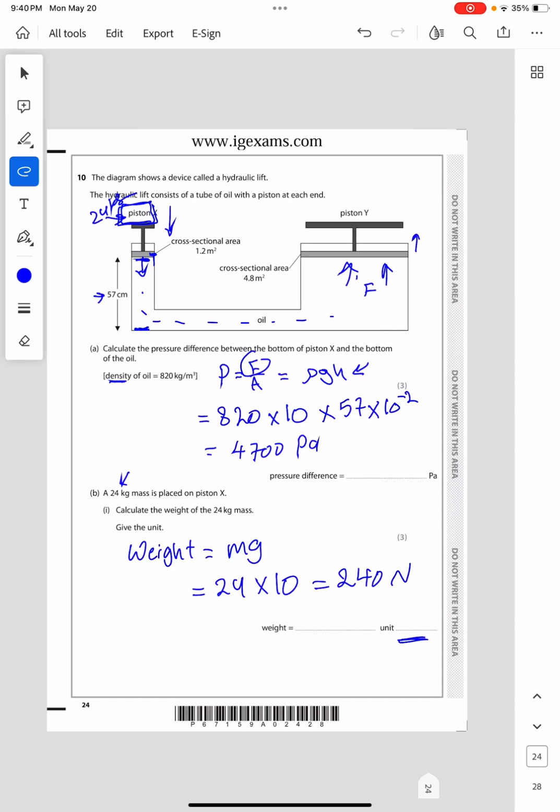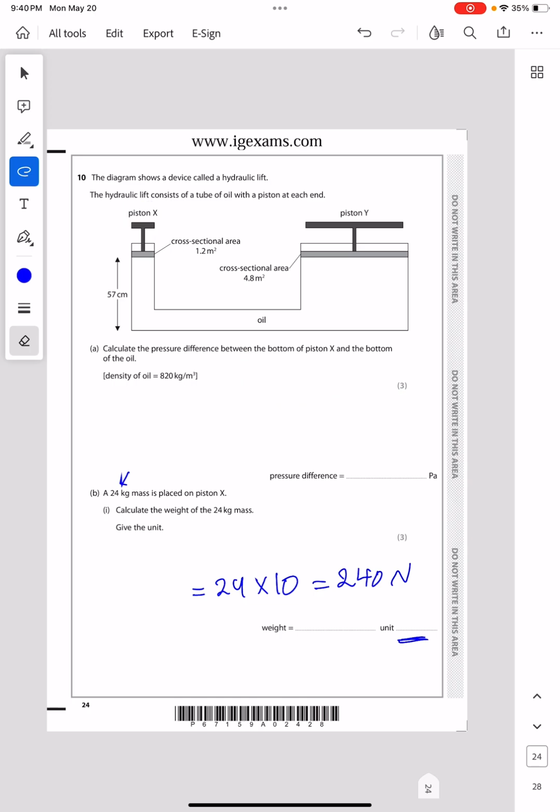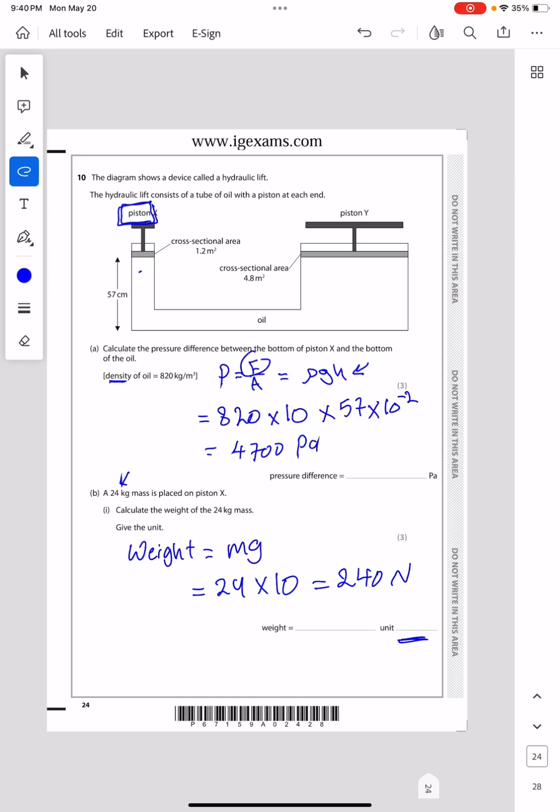And also, we know, it's so crowded. We can just leave the mass. Yeah, better. So we know that the area is 1.2 meter squared, and it's given to us in the diagram.